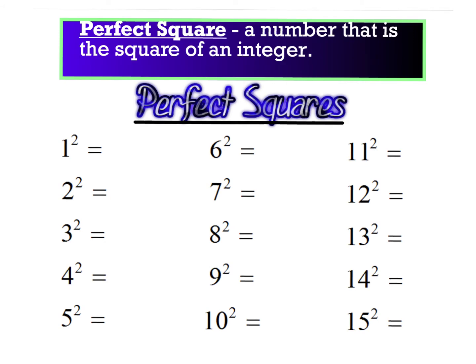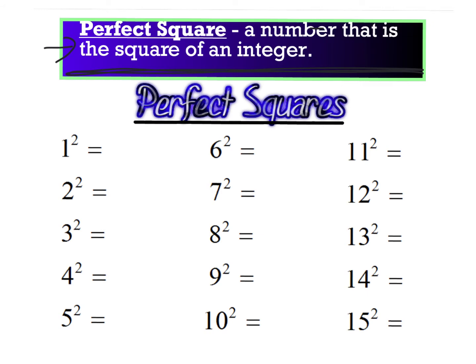So what I want you to put in your notes is what a perfect square is. In this box right up here, you're going to put in a perfect square: a number that is the square of an integer. As you write that, we should definitely be aware of what the first several perfect squares are.